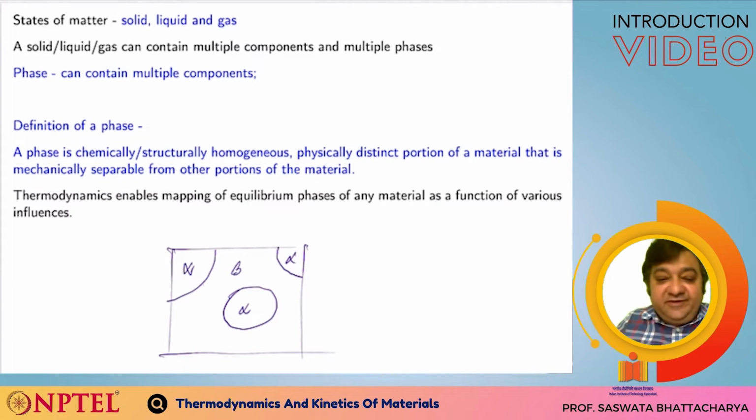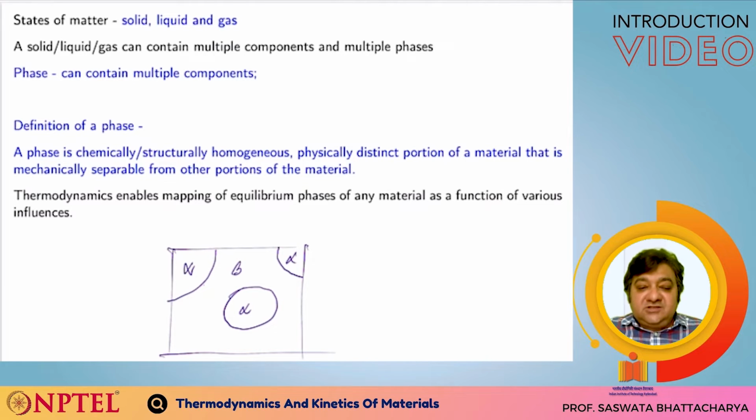So each alpha phase will be structurally and compositionally homogeneous, and it will also have distinct physical properties than the beta phase. For example, it will have a different density, a different lattice parameter, and elastic constants and refractive index can be different. So this is how you can define these two phases, alpha phase and beta phase.